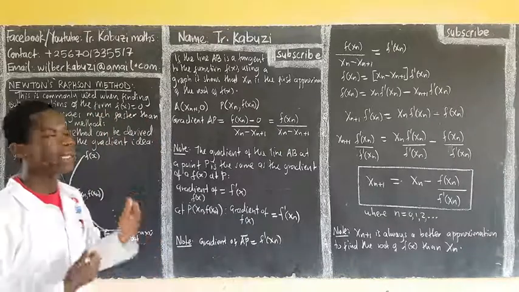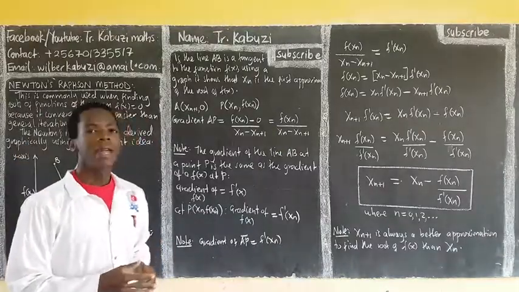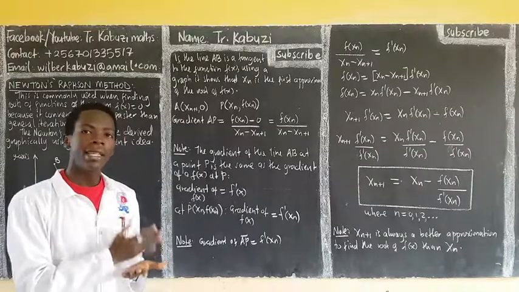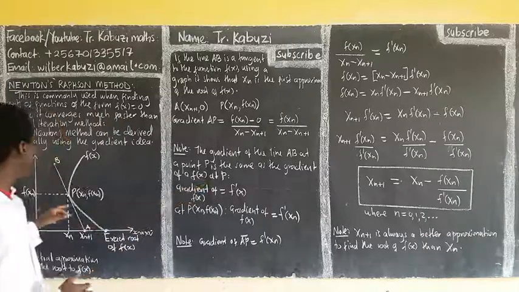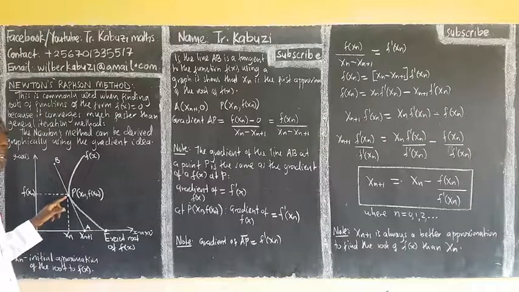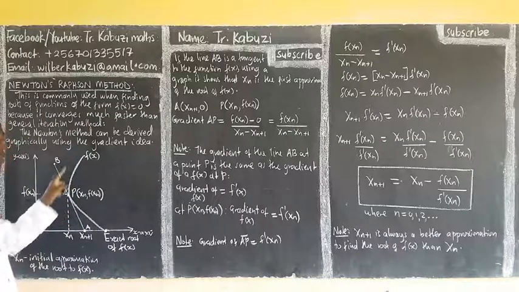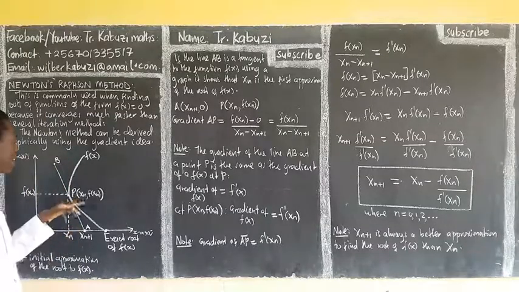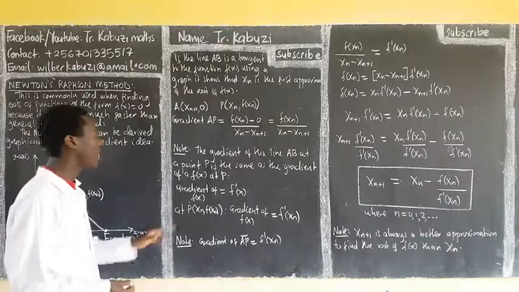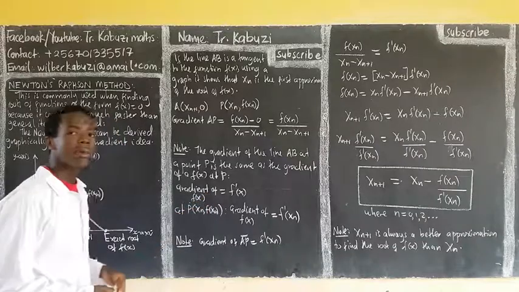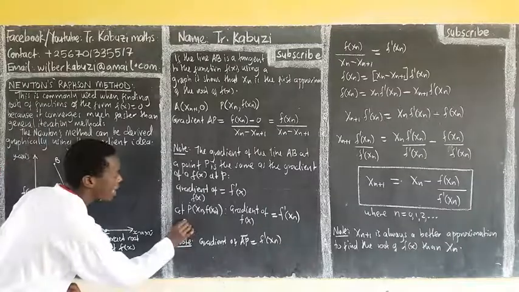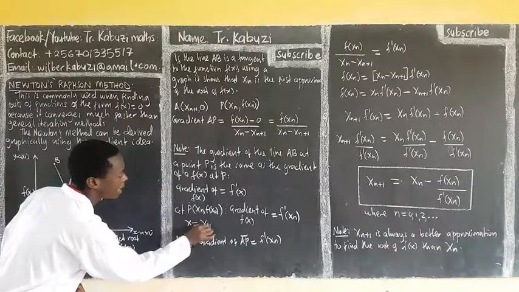But also note that we said in calculus of differentiation that the gradient of a curve and the gradient of a line at a point are the same. This line is meeting this curve at this point, so the gradient of this curve and that of this line are the same at the point P. So from there, the gradient of f of x, we check at P. Here our x value is going to be xn.